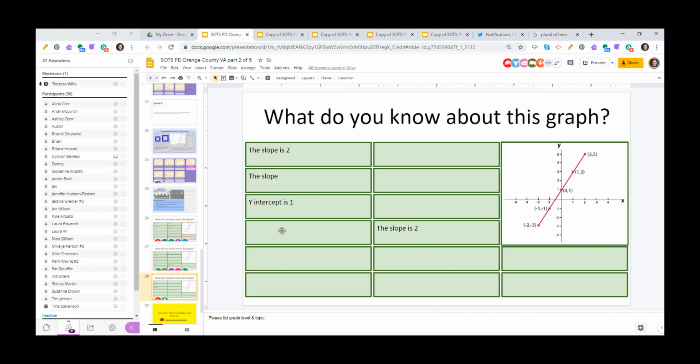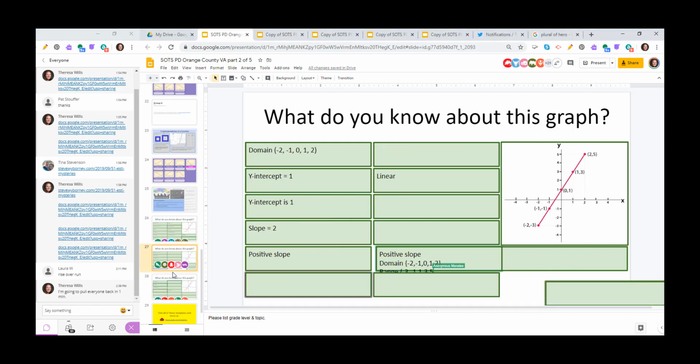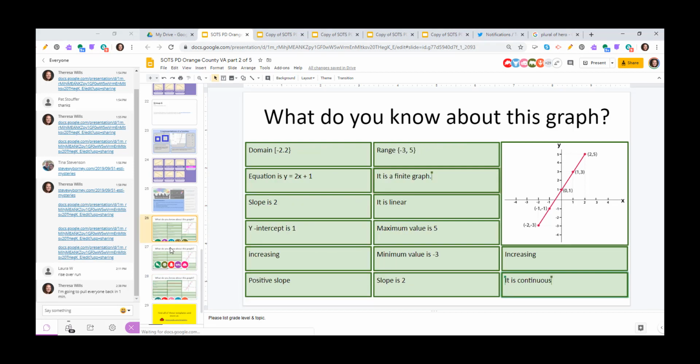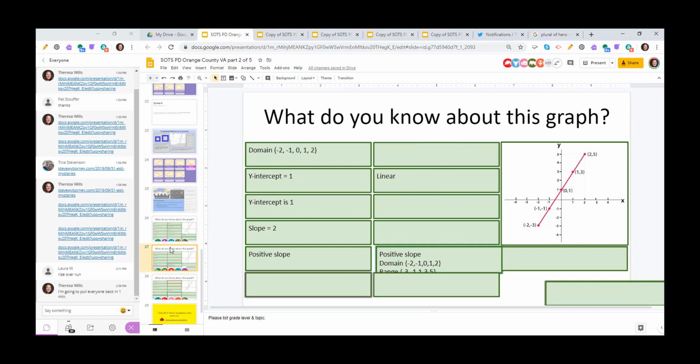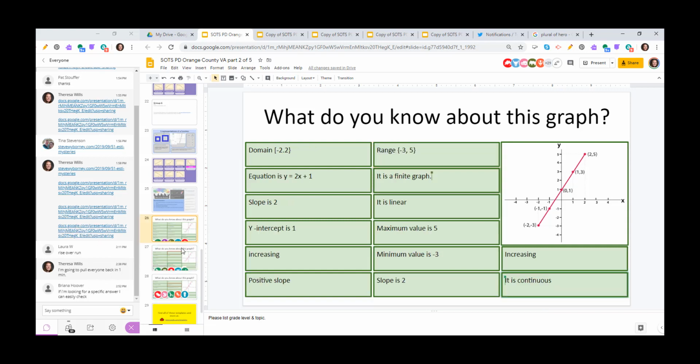Once you have something written there, go ahead and either type in the chat box or turn on your microphone. How might you use this style of exit ticket in your class?